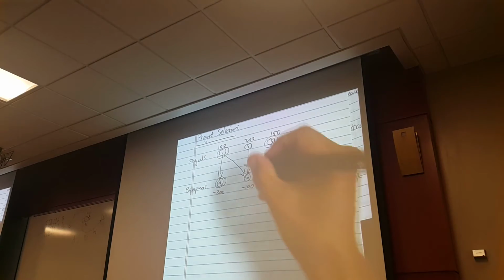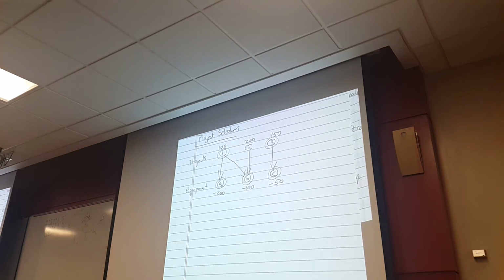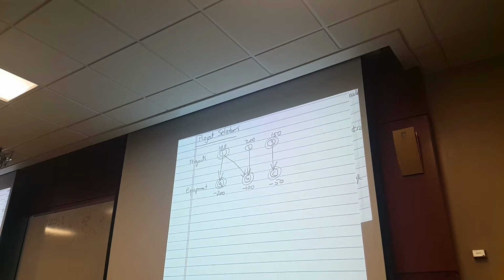So I need this one too. That's what is in some places called a closed set, in the sense that if I'm going to do something, I'm going to get whatever resources I need to do it, and those are indicated by these arrows.